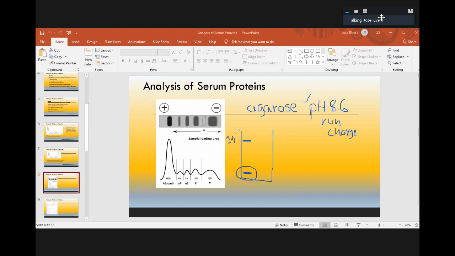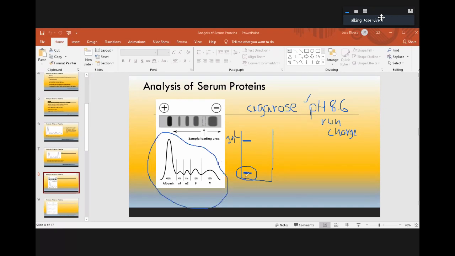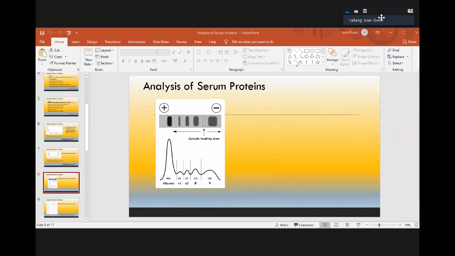I don't want you to know the pattern of these, but do recognize that this is a normal person. So if I tell you this is an agarose gel, you might have to say this is a normal person. What about the other one?